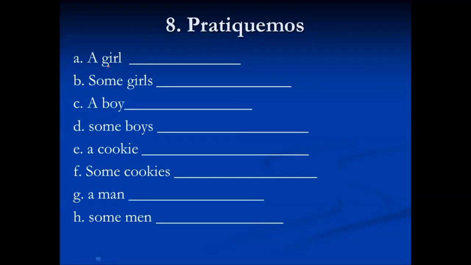Well, let's try some here. So, a girl. We know that it's singular, a, and we know that it's feminine because we have a girl there. So you should have una chica. Now some girls, we're looking at the gender, we know that's feminine, and we also know that it's plural because it ends in an s.